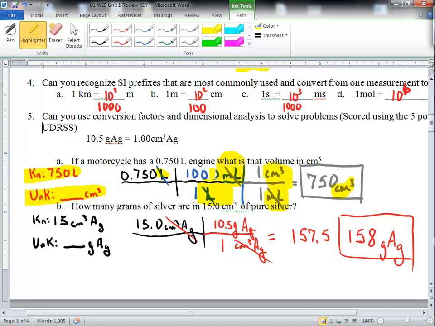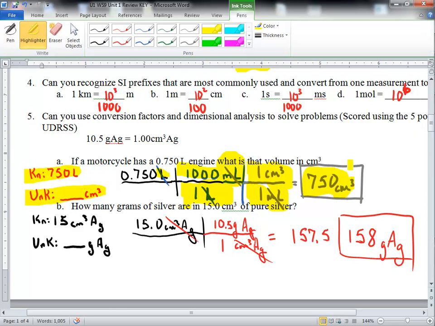We're putting the substitution in when you put in the correct number to go with each of those units. And then the solution in this case is 750 centimeters. That's what make up the points.